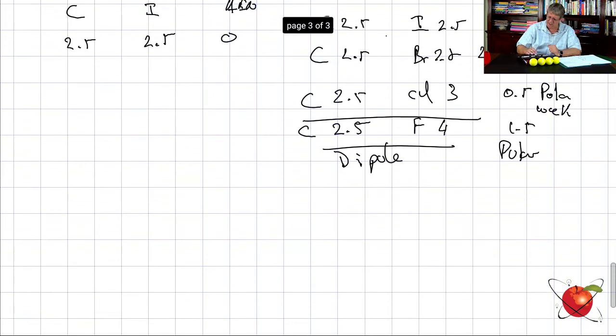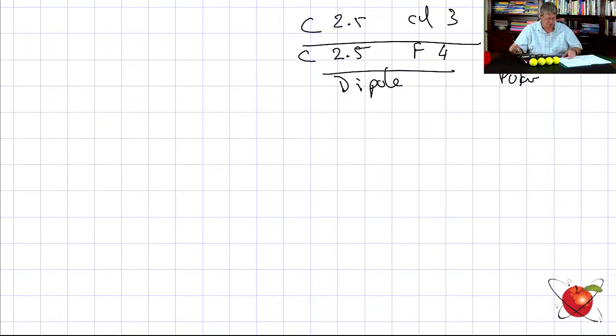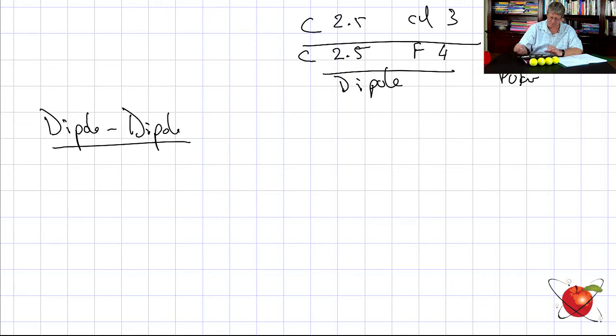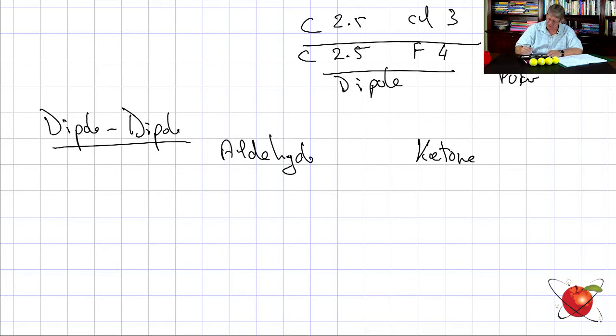Moving along to the next section, next is dipole-dipole. These are ones that we don't look at very often. Aldehyde and ketone. Aldehyde has got a carbon chain with a double bond O at the end, correct? That is its trademark.